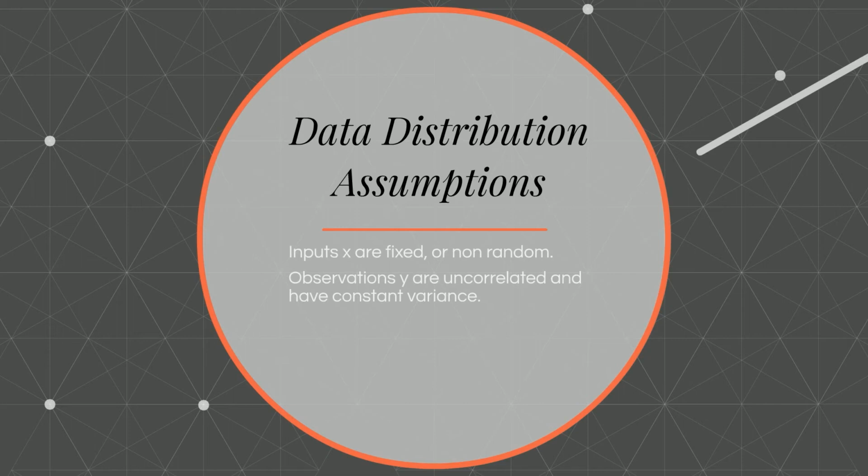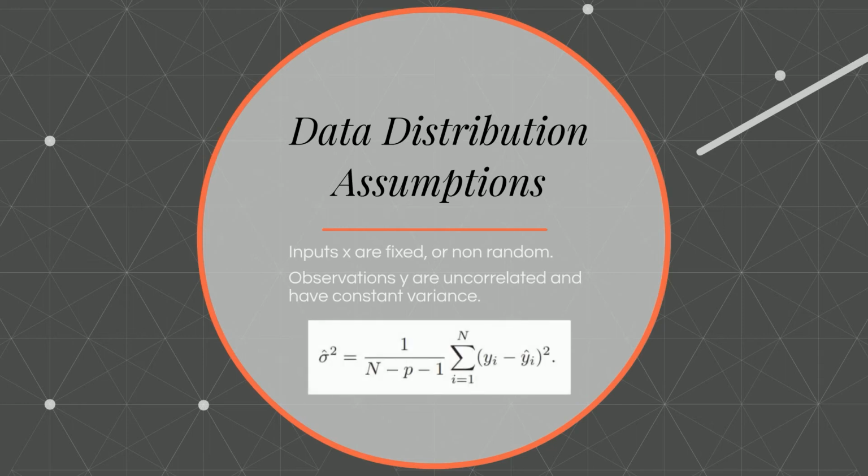So we're going to have in our data an input x, and then as a result, we're going to get an observation y that is uncorrelated to the other observations y. So those data are going to have a variance denoted by sigma squared. So we can predict or estimate the variance using this function.